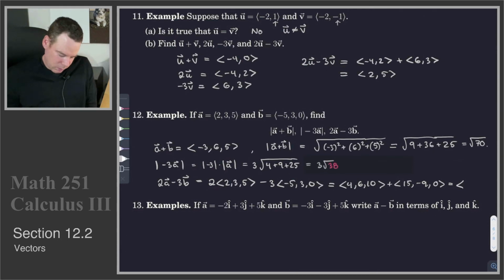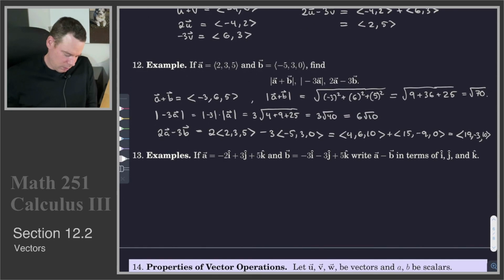So that is 4 plus 15 is 19, 6 minus 9 is -3, and 10 plus 0 is 10. And so there are the corresponding components of that vector.